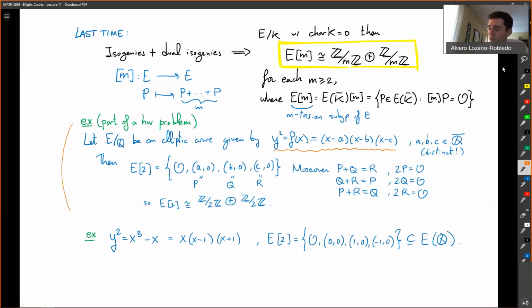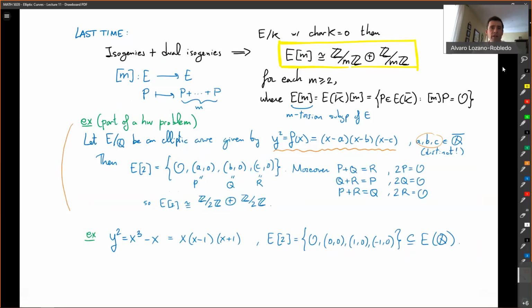If you look at the 3 roots, then the 2 torsion is very easy to actually write down. And this is for you to prove that the points of order 2 are precisely the points O, the point at infinity, which is of order 1, and then the points of actually order 2 are A0, B0, and C0.